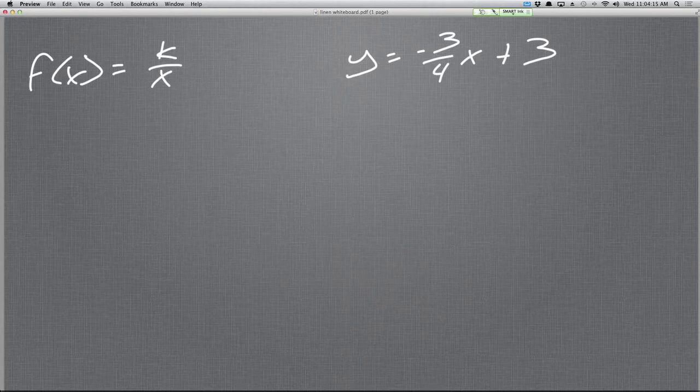Okay, and there's two things we need to realize to be able to help us figure out what k is. What are those two things? I need to know two things about the relationship between my line and my function. Speak. I'm just guessing. It's good to talk and just think.